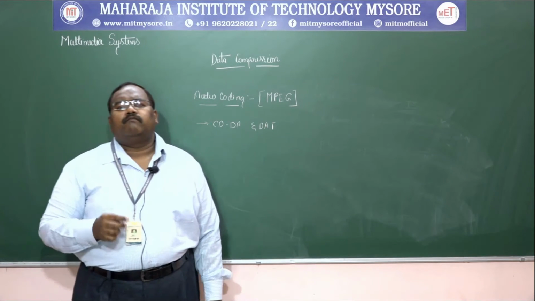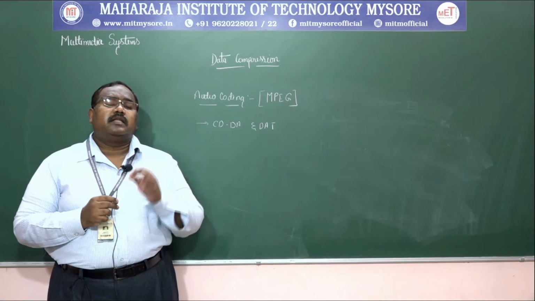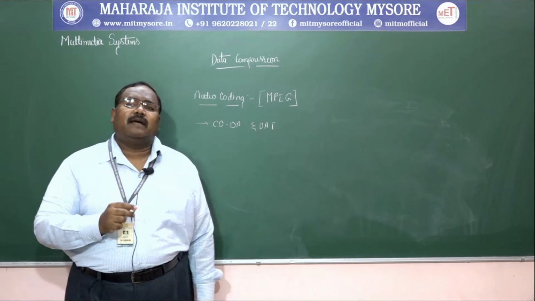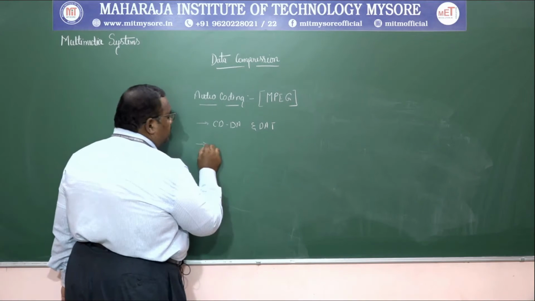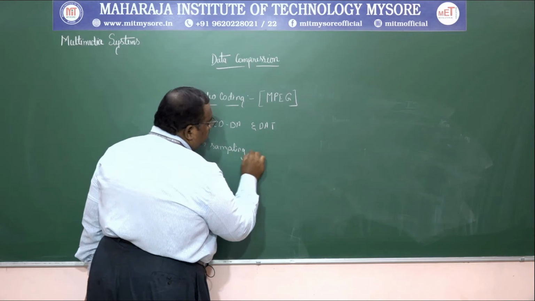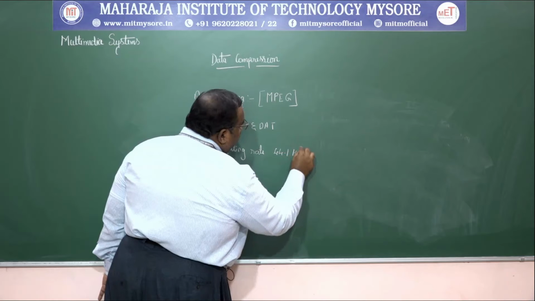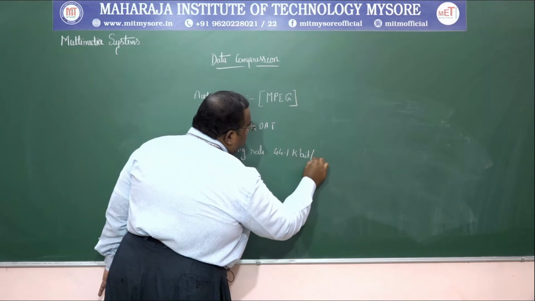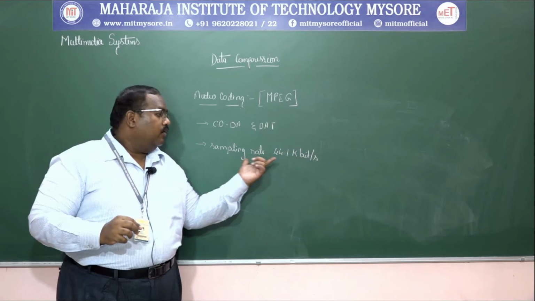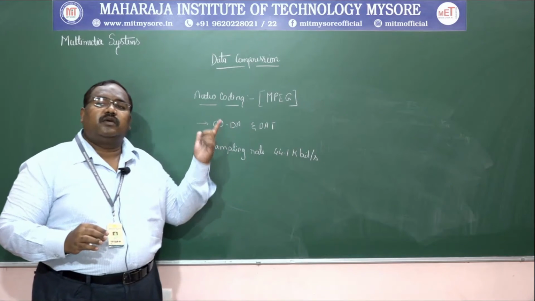It is important to know the criterion, which is the choice of sampling rate. The main concept behind audio coding is the choice of the sampling rate. So what is the choice with respect to the sampling rate? Here they are mainly concentrating on 44.1 kilohertz.